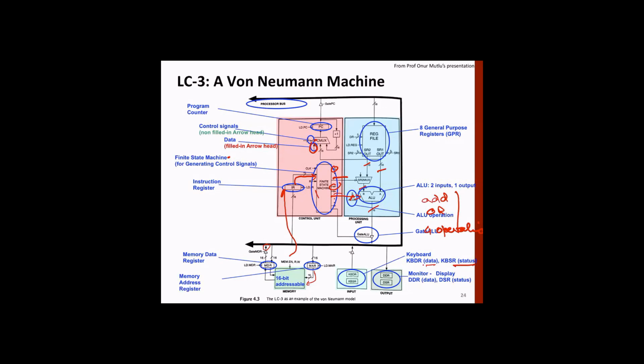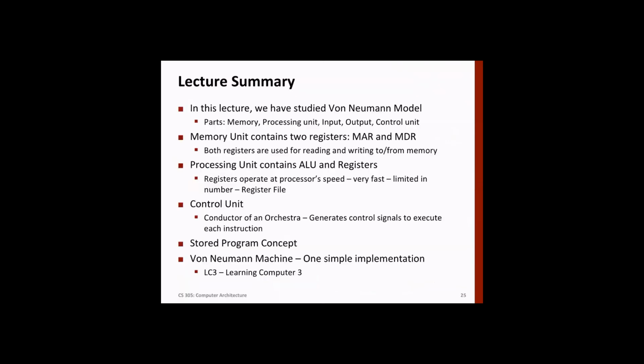So what we have studied today is as follows. We have looked at the von Neumann model. We know it has 5 parts: memory, processing unit, input, output, and control unit. The memory unit has 2 registers, the memory address register and memory data register, and we have seen their use. The processing unit has the ALU and registers, and registers operate at very fast speed.